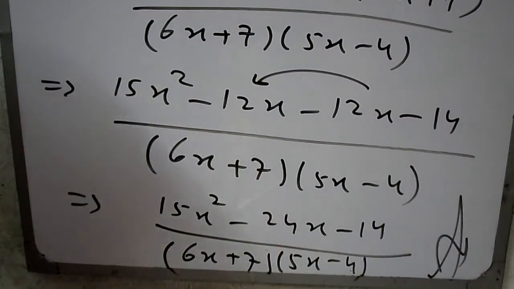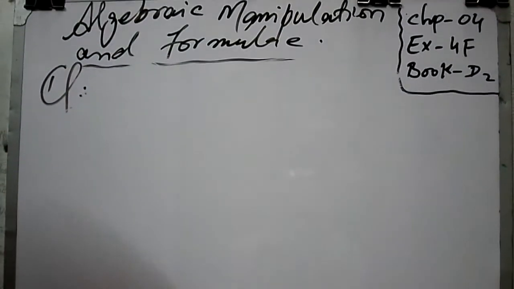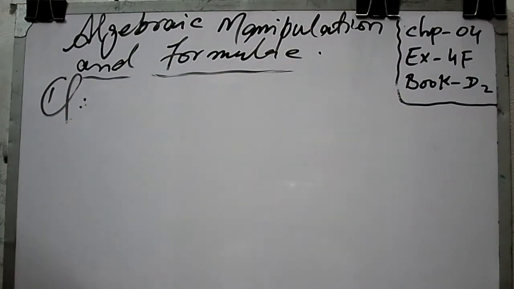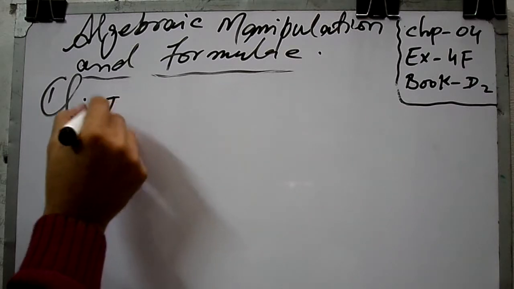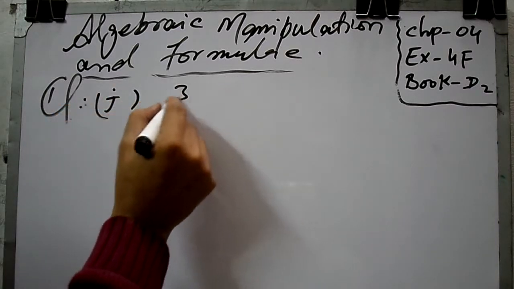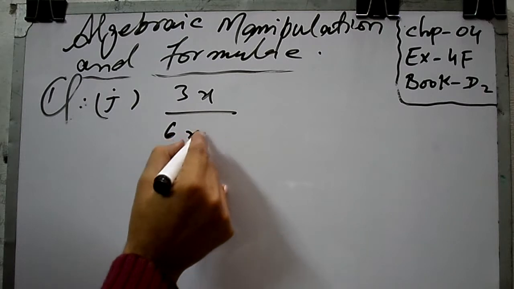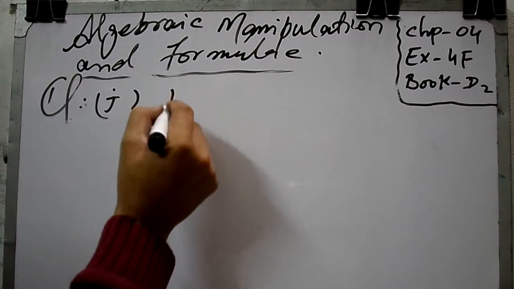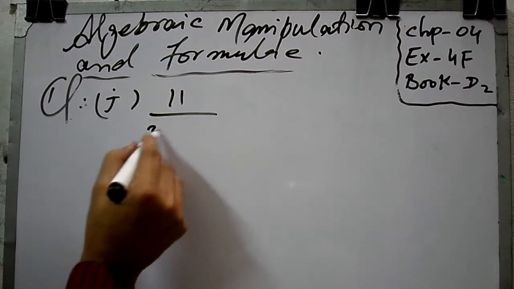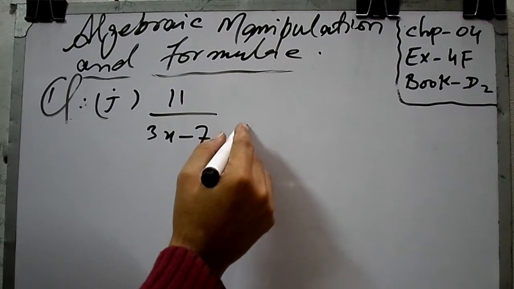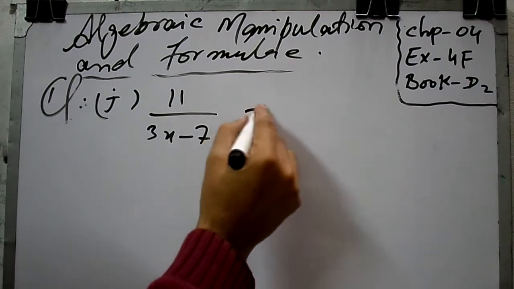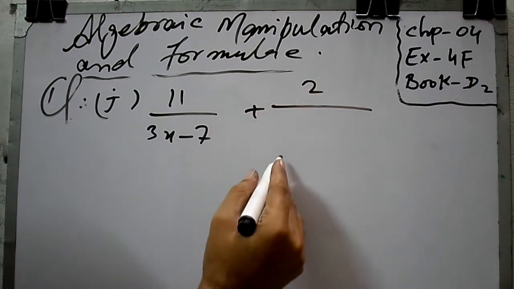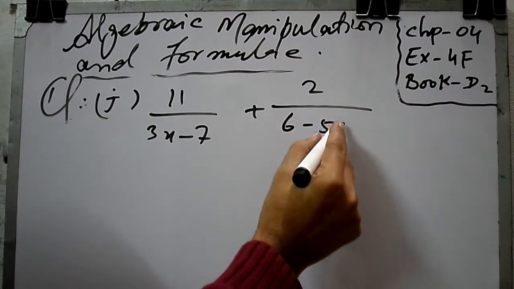Coming to the J part, that is 11 by 3x minus 7 plus 2 divided by 6 minus 5x.